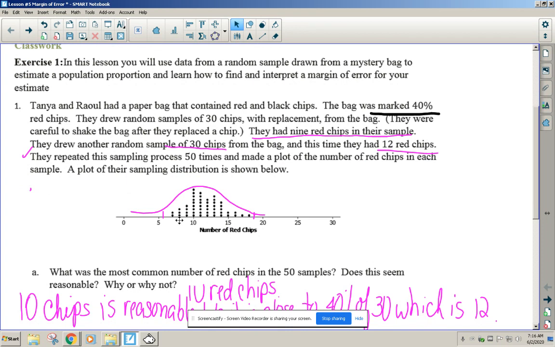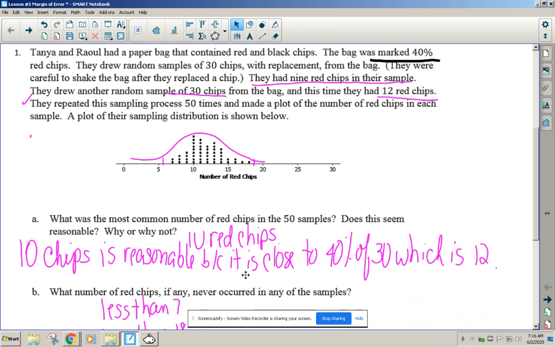So 10 is a reasonable number because you're just drawing out of a bag. So 10 is reasonable because 10 is pretty close to 12, and 12 is 40%, and 12 is like right around here.